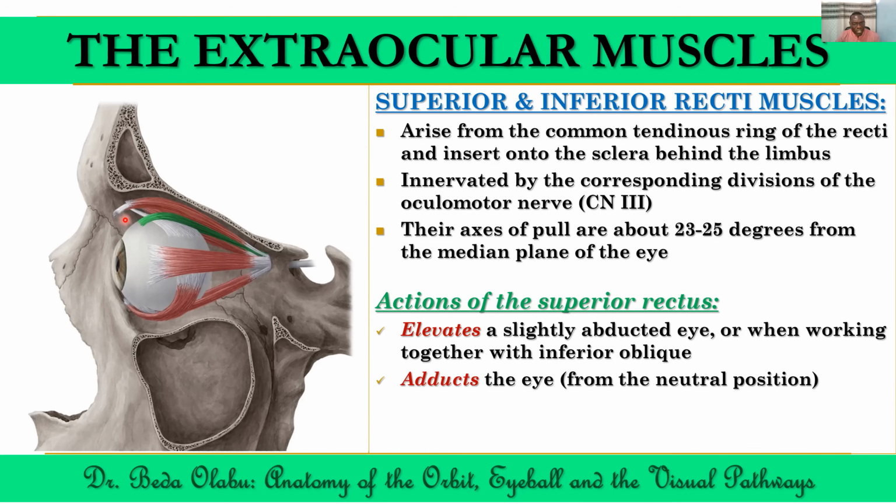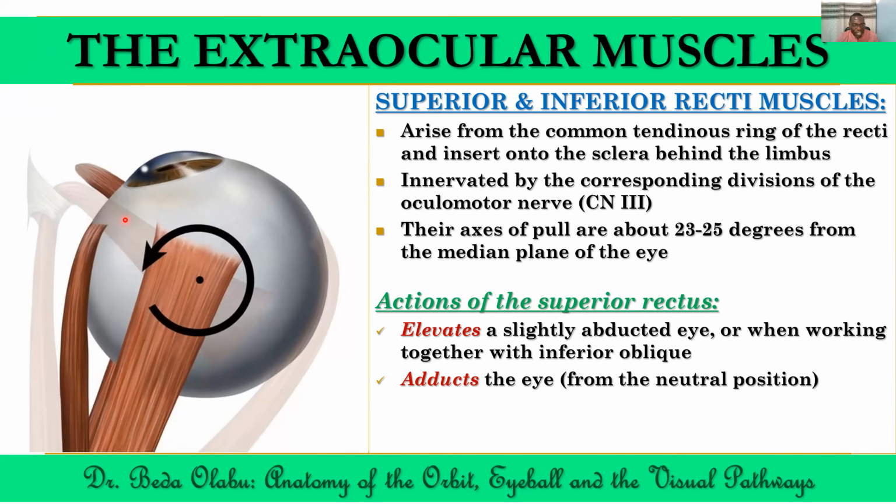The superior rectus also adducts the eye from a neutral position, and it is important to understand that based on the orientation. Remember, there's some degrees between the axis of the eye and the axis of pull of the superior rectus and inferior rectus, so they are not parallel.